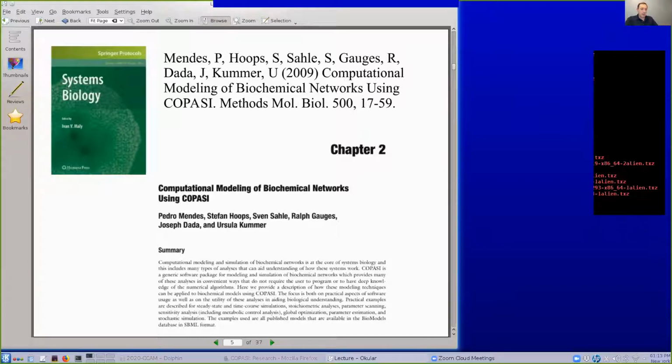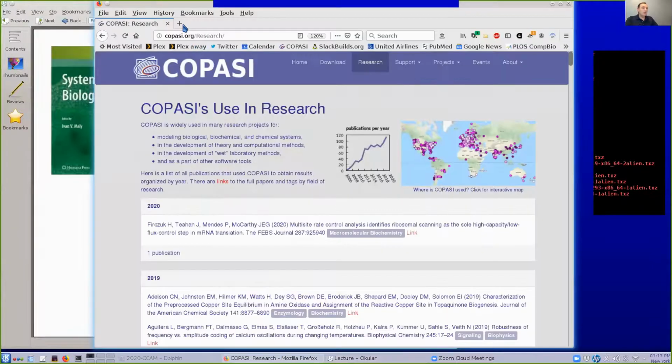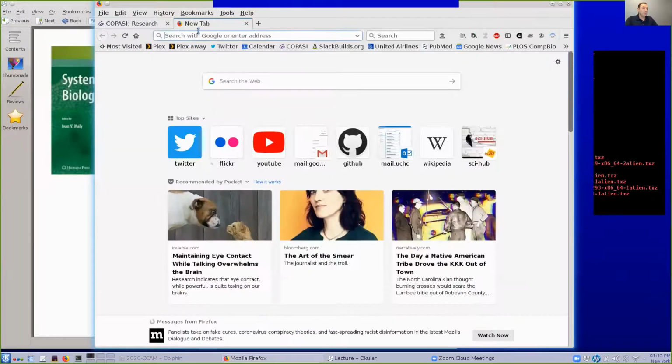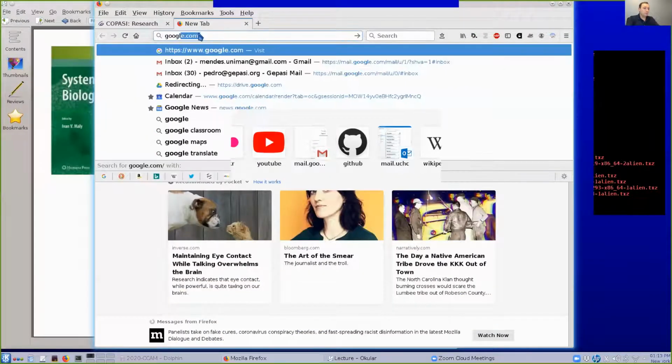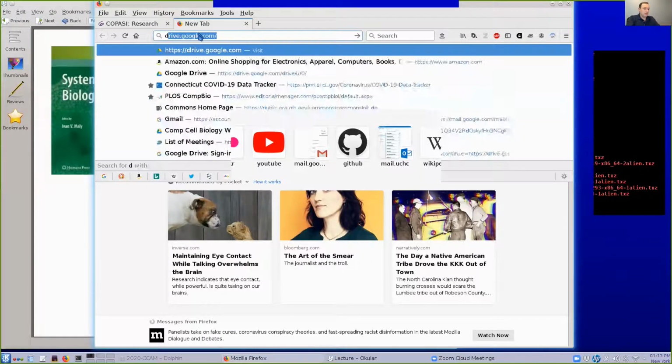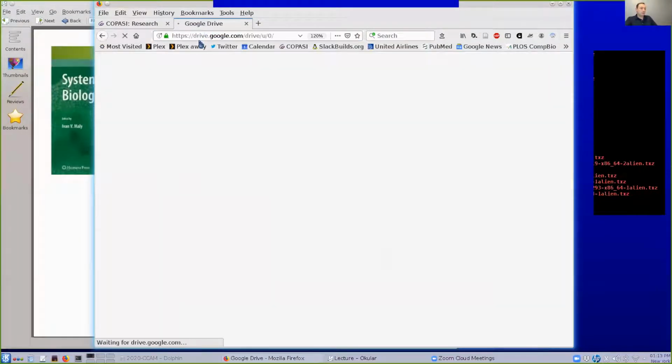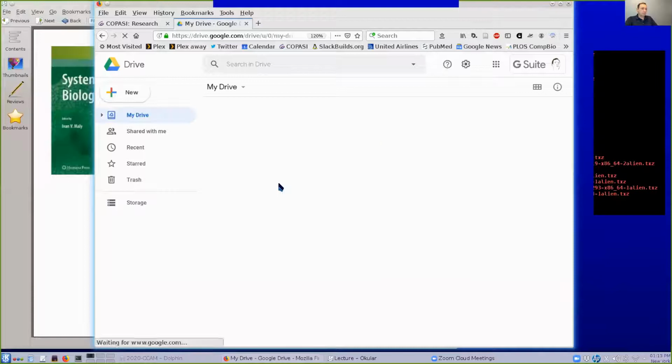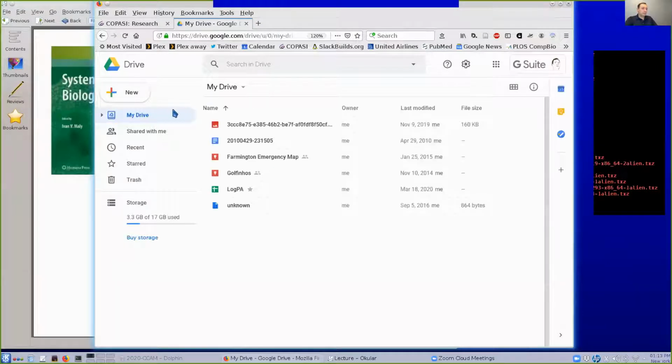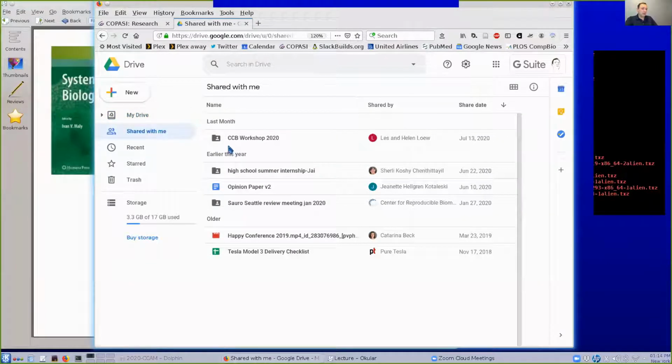In case you don't have access to it, it is also in the folder, which I already closed, so I need to open it again. It's there in the folder. Now I need to go to shared.